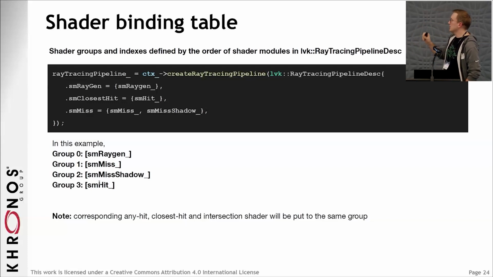Any hit shaders will be connected to one group. By our API, you will see how it looks. We have one ray gen shader, one hit shader, and 2 miss shaders to implement shadows. So in this example, we will split them into 4 groups. And all indices for these groups will be calculated automatically by the order of your shaders in this struct.